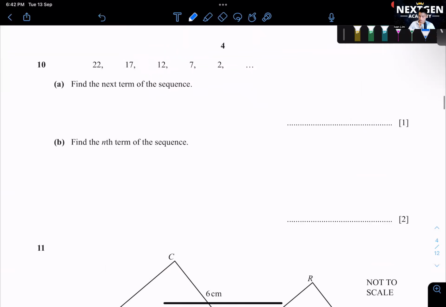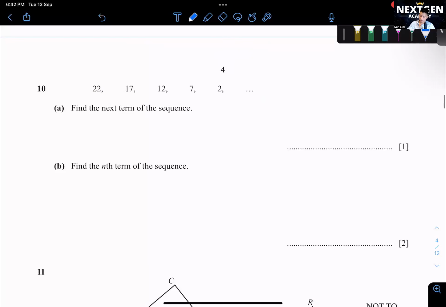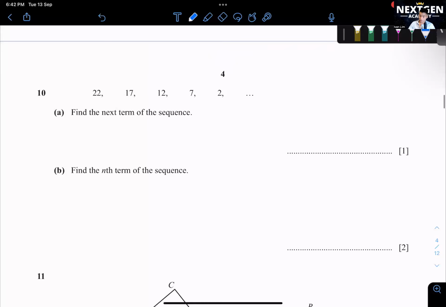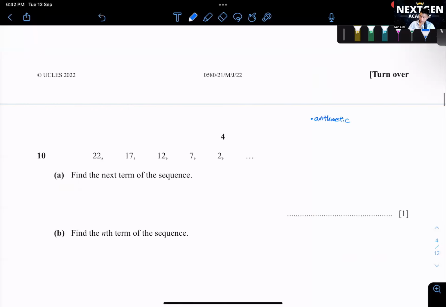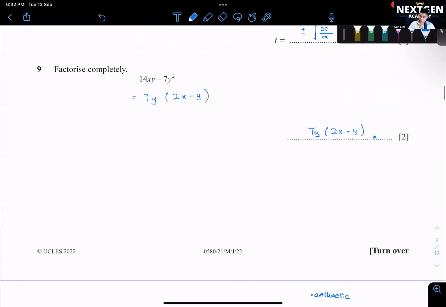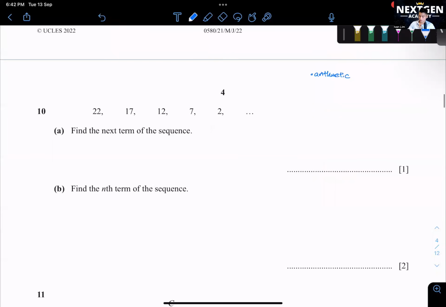Question 10. Find the next term of the sequence. For sequences, you have to remember there are a couple of types that we need to know. The first one is called arithmetic. Anderson, download the paper. The answer is all there already. Geometric.